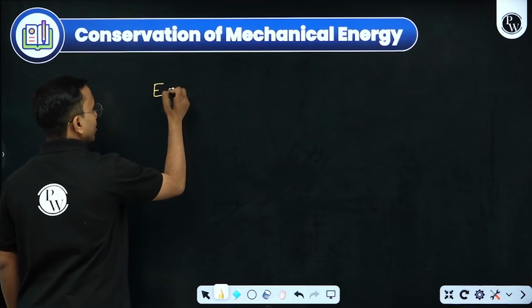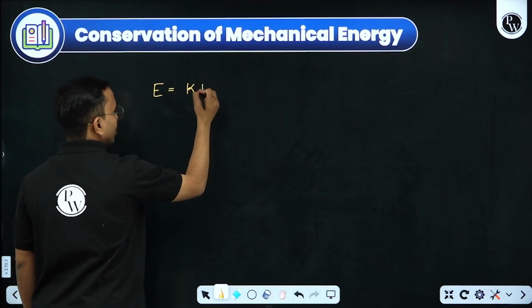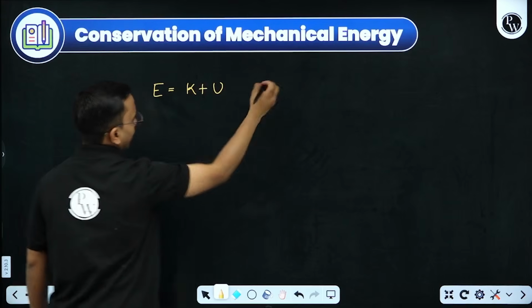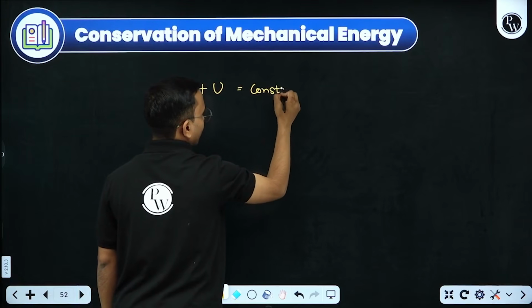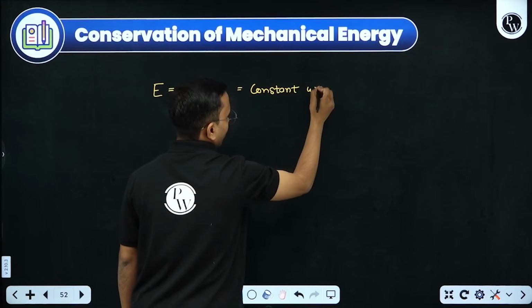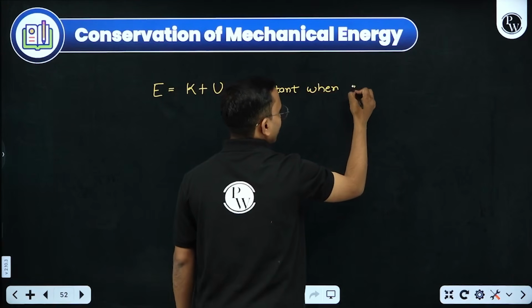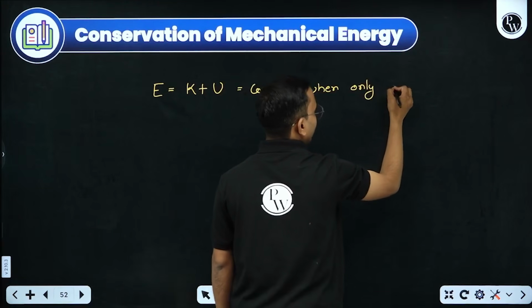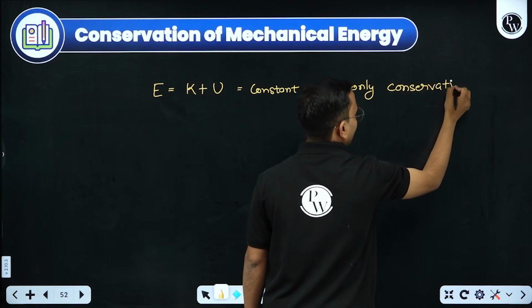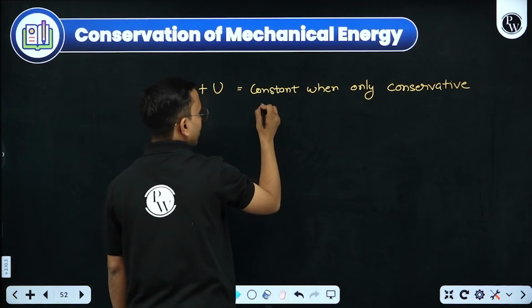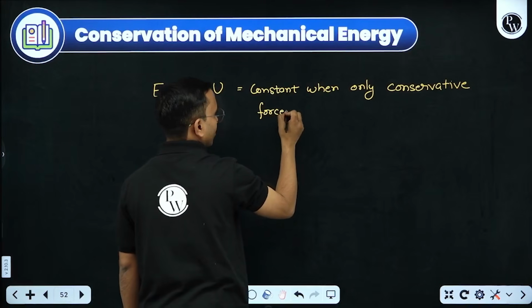E is equals to kinetic plus my potential energy, and this is constant when only conservative forces are acting.